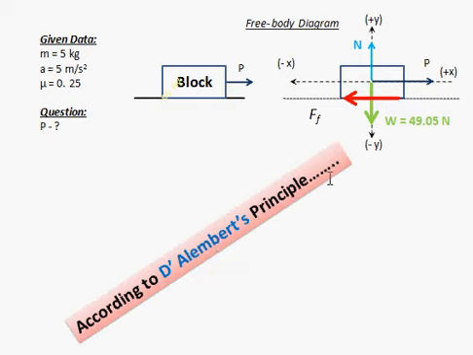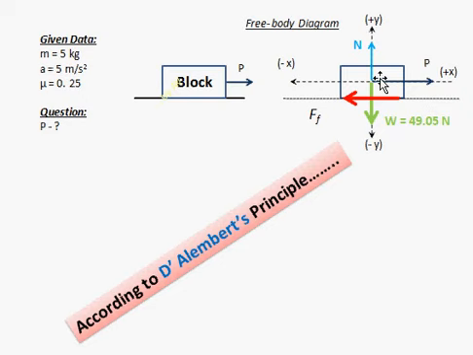Okay, now we need to apply D'Alembert's principle. Since this question is all about D'Alembert's principle, with this application we are going to find out the capital P. So what is that all about? According to D'Alembert's principle, in order to maintain the dynamic equilibrium condition in the problem, we have to apply an imaginary force against the movement of the body.